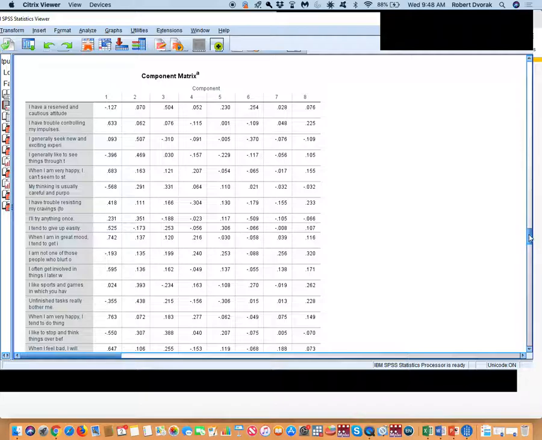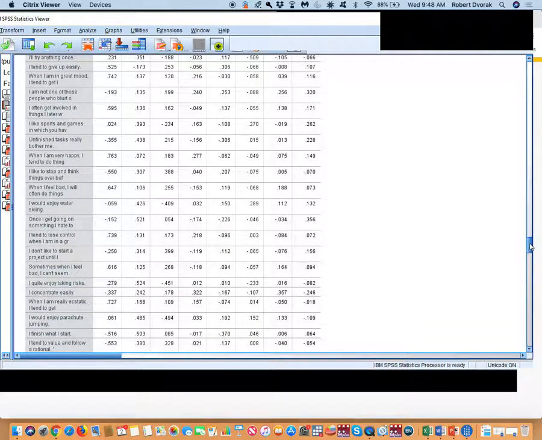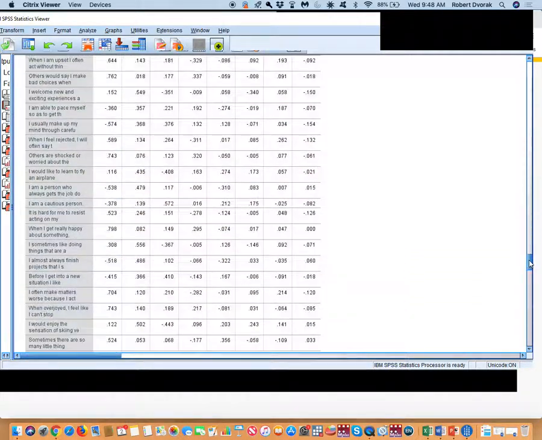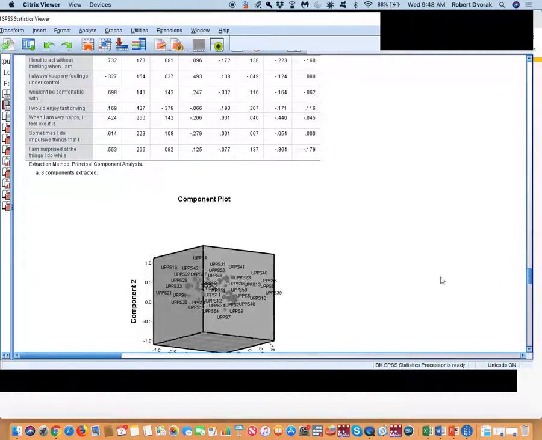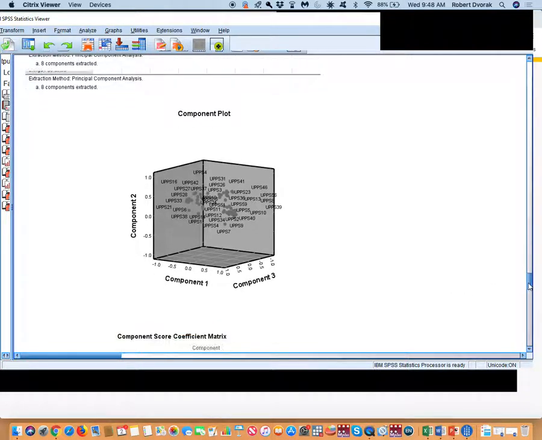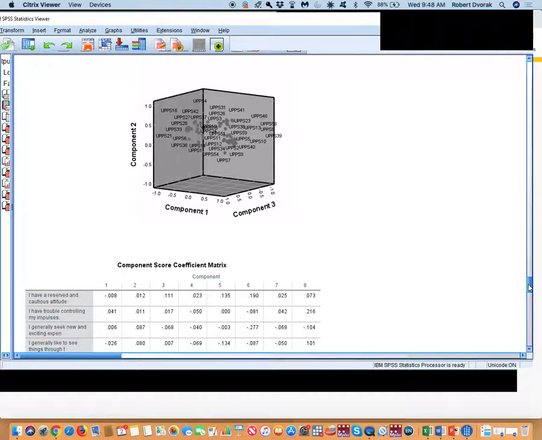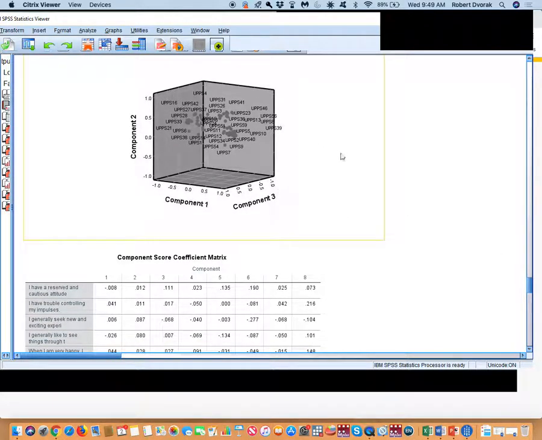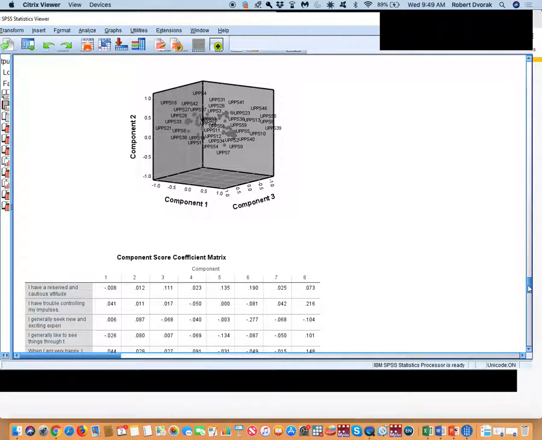So let's keep scrolling through our component matrix here. This is the component plot. It just shows components 1, 2, and 3. It doesn't show all of the components, and they never do, but it's going to show the 3 biggest, and it's really not worth looking at, to be perfectly honest.